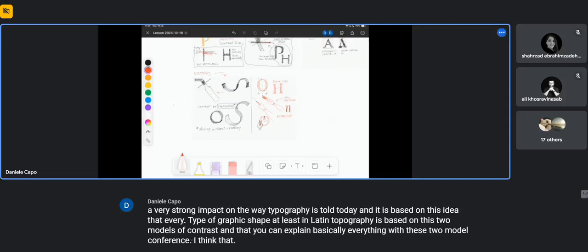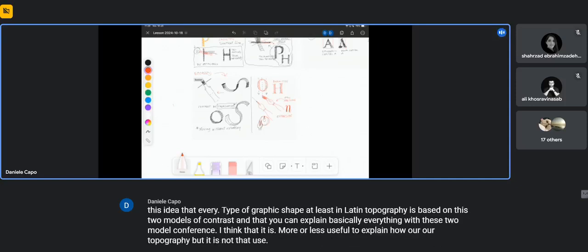I think that it is more or less useful to explain typography, but it is not that useful if you take this as an absolute guide.